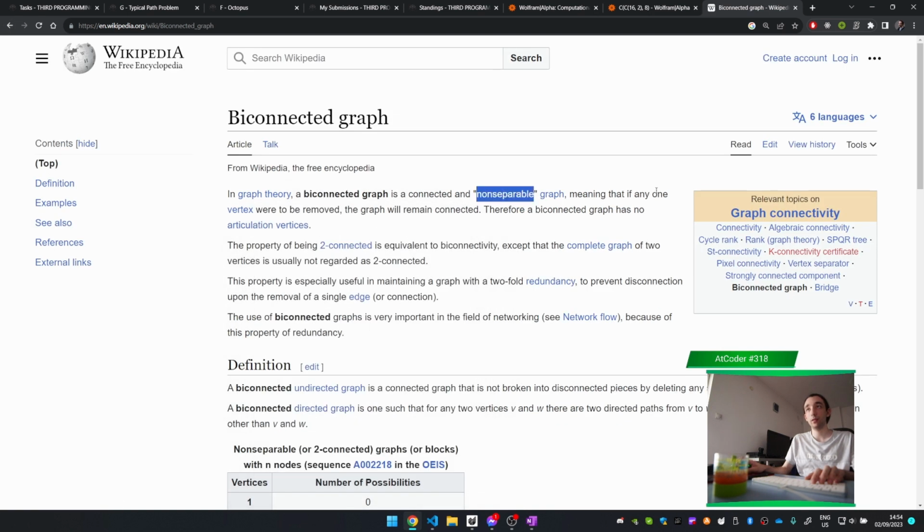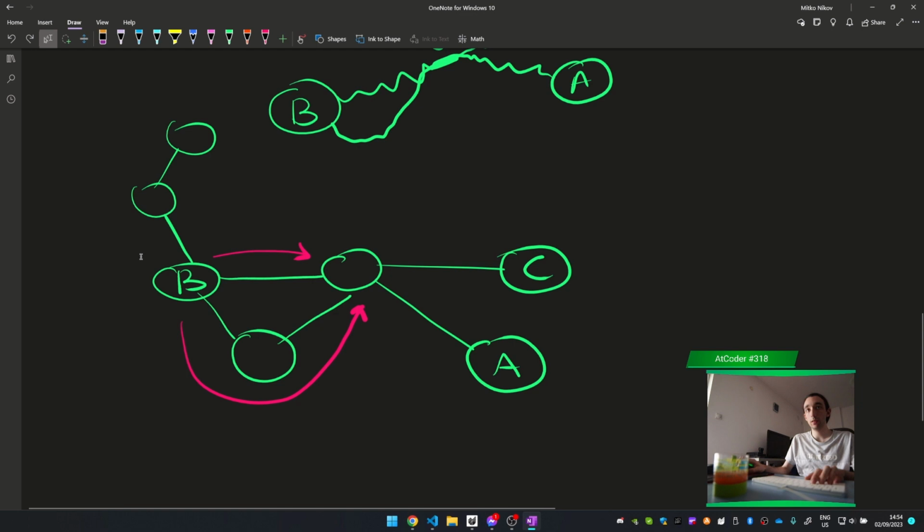Non-separable, meaning that if any vertex were to be removed, the graph will remain connected. Therefore, a biconnected graph has no articulation vertices. That means that if B, C, and A are in the same biconnected subgraph, you can access B, you can access all of this, but C and A could be.